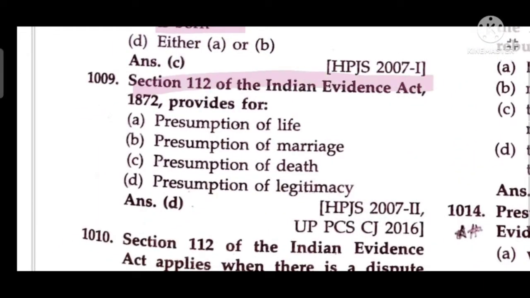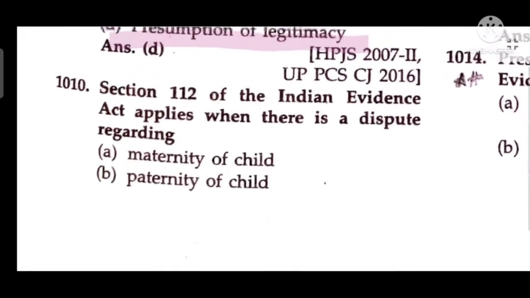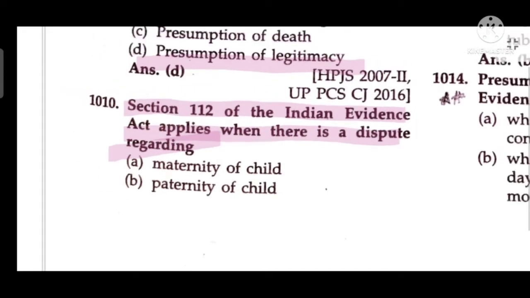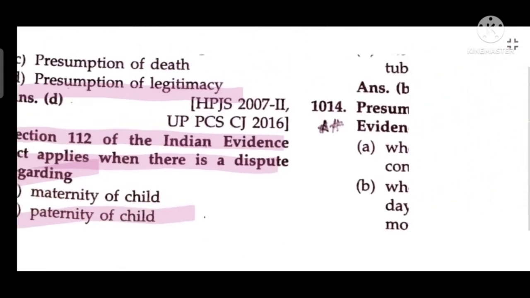Section 112 of the Indian Evidence Act provides for the presumption of legitimacy. Section 112 of the Indian Evidence Act applies when there is a dispute regarding the paternity of a child.